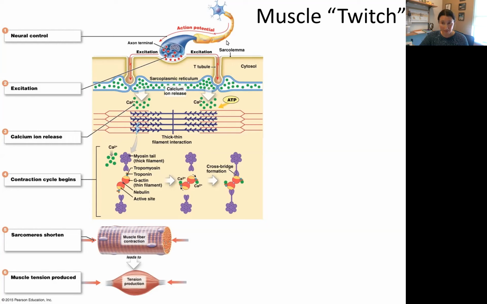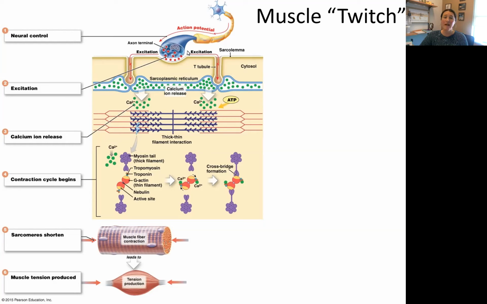A muscle cell, a myofiber or myocyte, is stimulated to contract by an action potential traveling down a motor neuron, triggering the release of acetylcholine into the synaptic cleft of the neuromuscular junction. Acetylcholine binds to receptors on the motor end plate, and if this depolarization is strong enough to achieve threshold, voltage-gated sodium channels will open wide up.